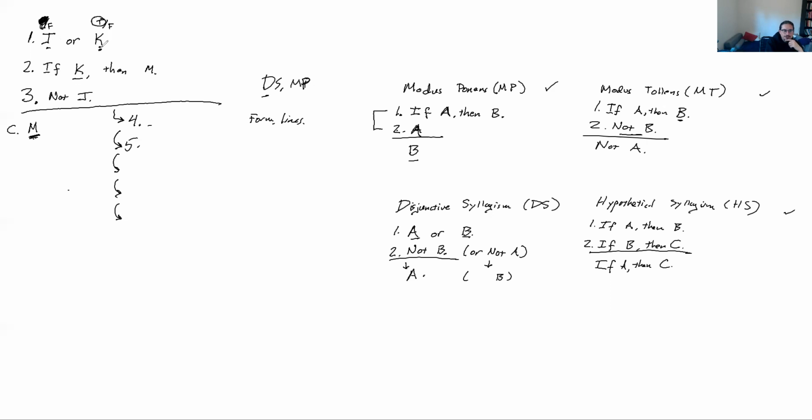That leaves K as the only possibility. So now we're going to be able to take K down. You don't have to draw this arrow in the actual proofs. This is just me illustrating it for you. We can put K on a line by itself. Then we're going to write DS for disjunctive syllogism, lines 1 and 3.